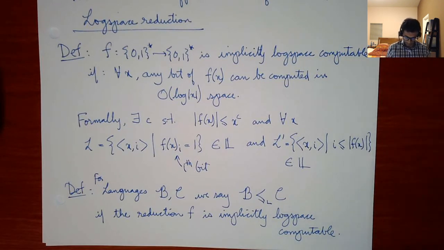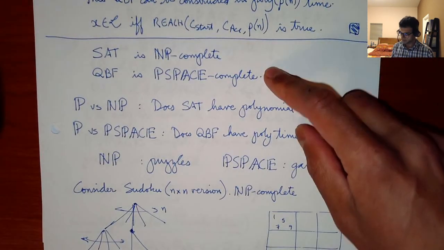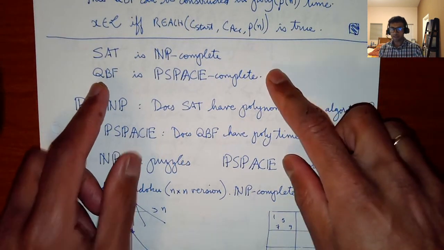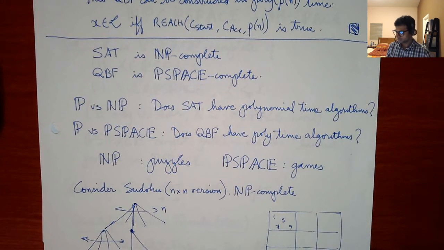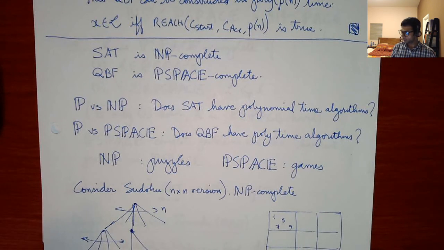Let's look at what would happen if that did happen. We know that QBF is PSPACE complete. If QBF was in NP, then PSPACE would be equal to NP, because you could take any language in PSPACE, convert it to a QBF instance, which can then be solved by an NP machine.